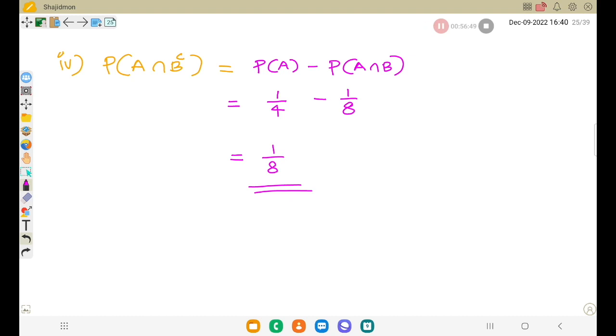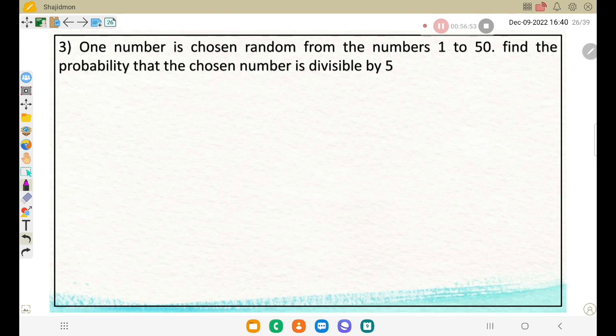Okay, now we will go to the third question, question number 3 here. One number, I am underlining that word, one number, because this word has more importance. How many numbers? One number. One number is chosen at random from the numbers 1 to 50.